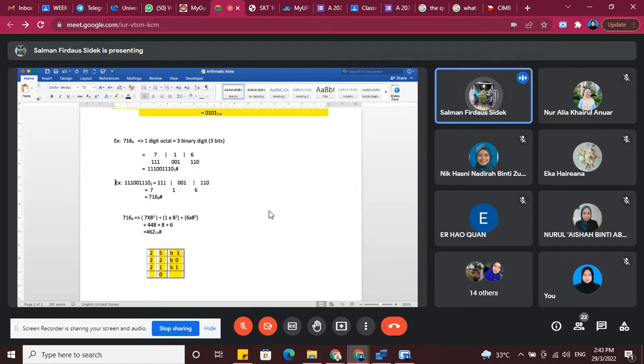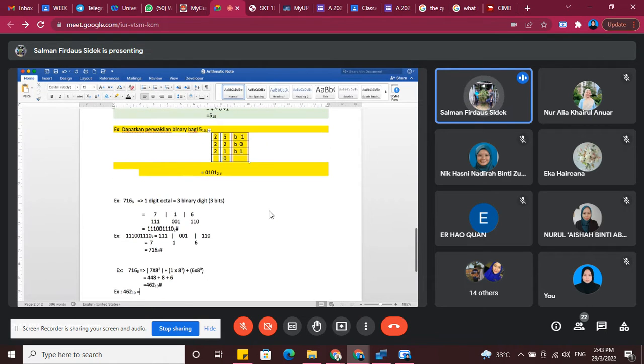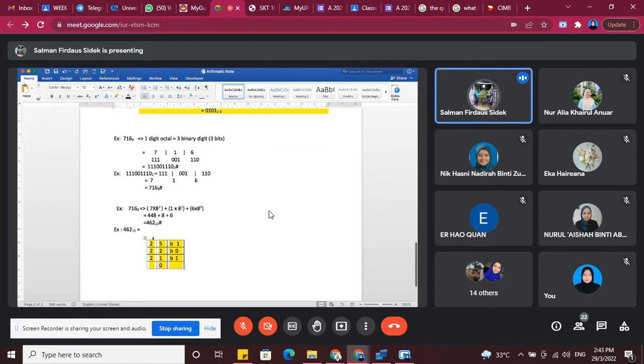I answer in sequence in the form of groups, so don't mix up your understanding. I teach this step by step. Don't be confused. Now let's say we have 462 in decimal, and you want to change it into octal. We use a technique similar to the yellow one, decimal to binary, but now decimal to octal.